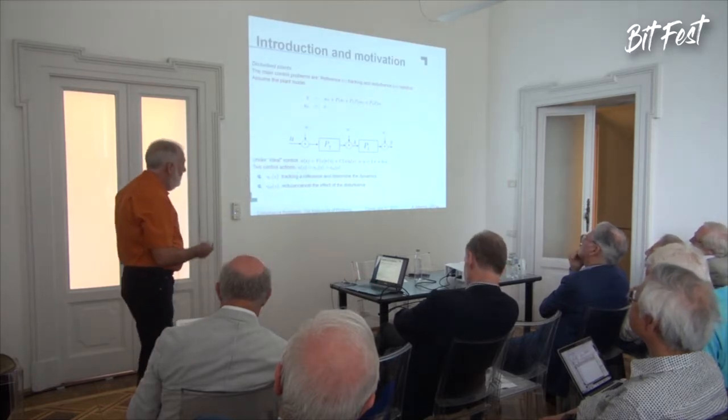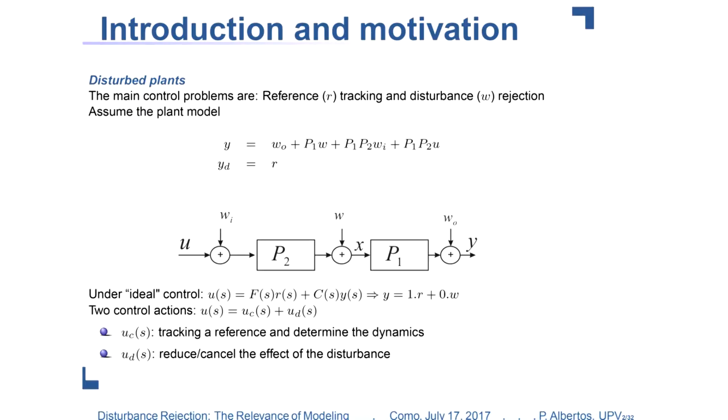So if you have a plant, you can consider this kind of disturbances. First, there is output, internal or input disturbance, and then under ideal control, you want the control to be such that the output follows the reference without the effect of the disturbance.